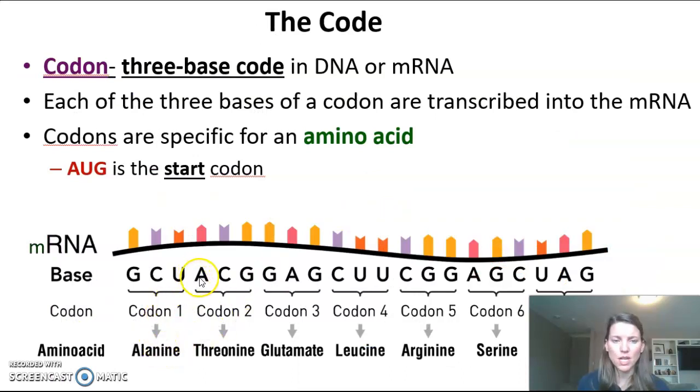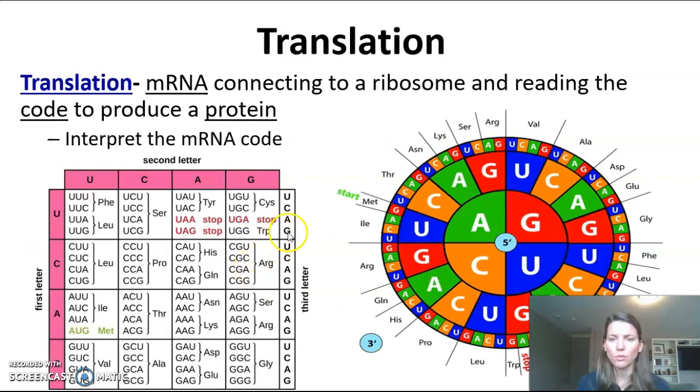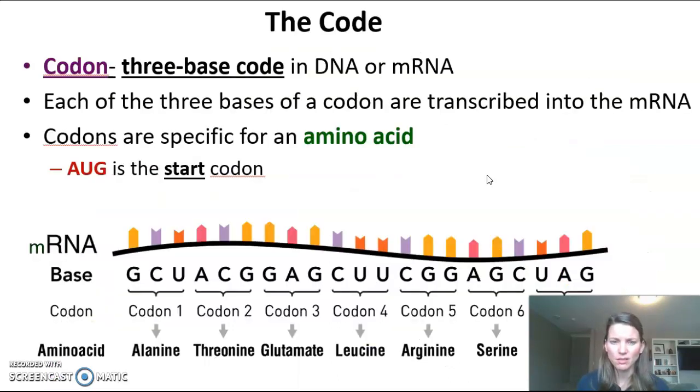The next codon is ACG, which you go to your wheel here, start in the middle, working your way out. A is up here. ACG, okay.